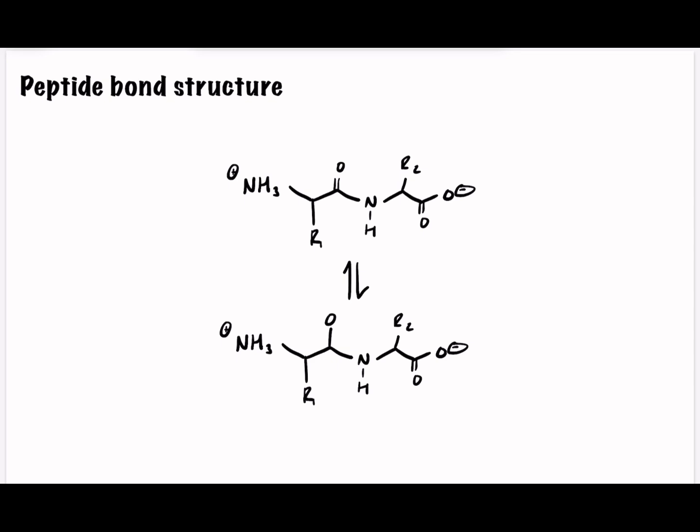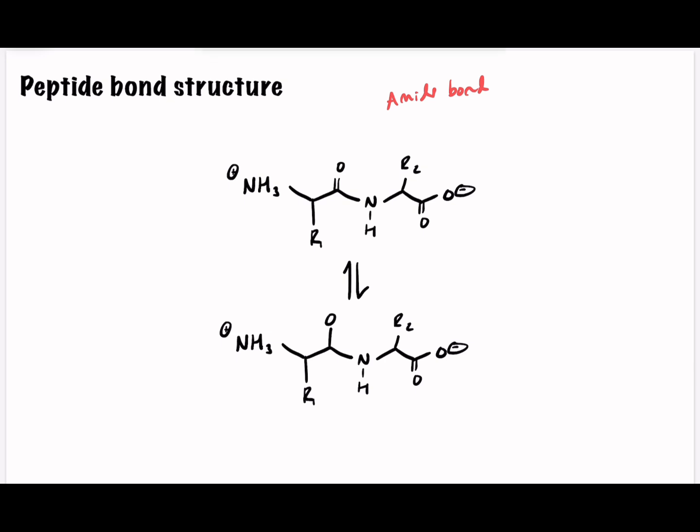Okay, so moving on, let's take a look at this peptide bond in itself. One thing to note is, like I said before, this peptide bond is also called an amide bond. And that's because it's between this former carboxyl group and this former amino group. So this is the amide bond.